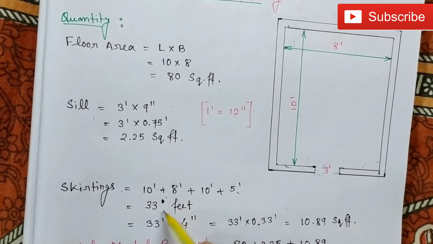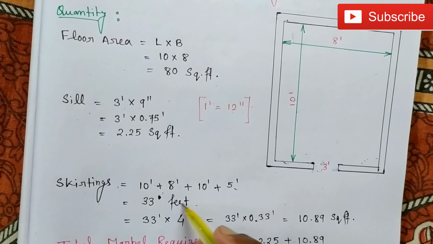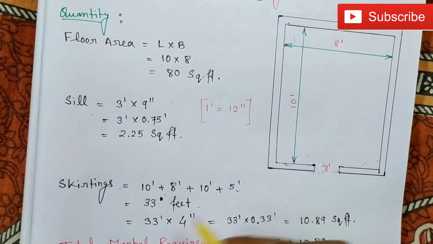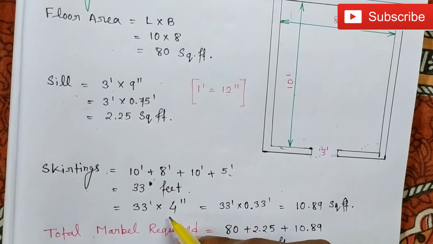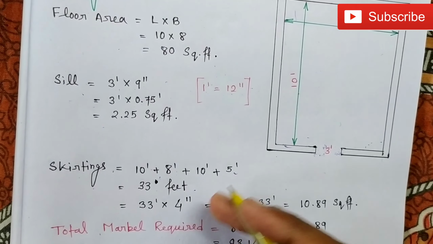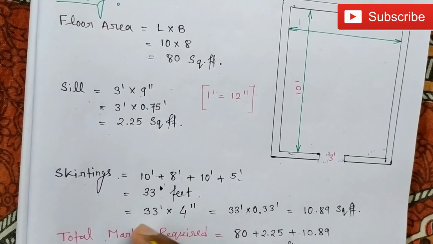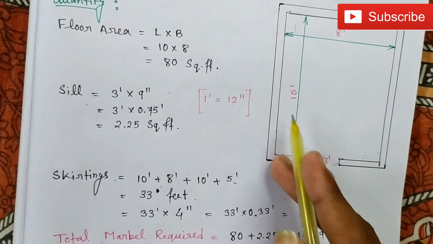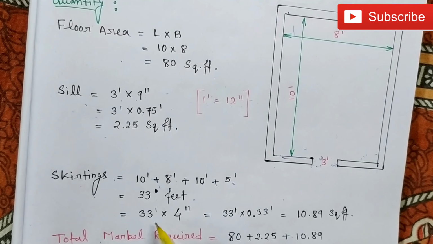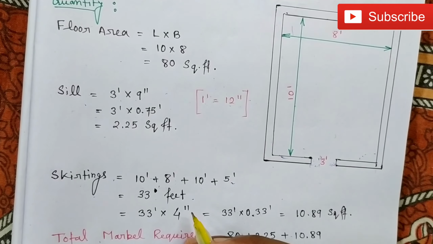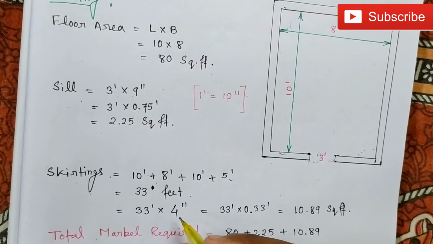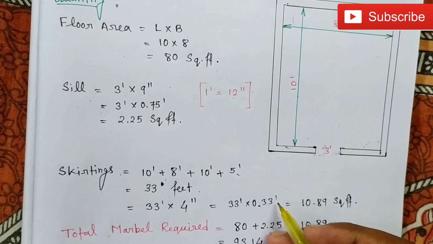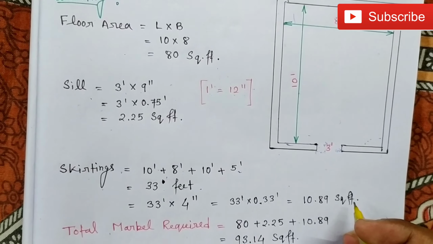So our total length of the skirting is 33 feet. Basically the skirting is 4 inch. So we multiply with the length of this floor area, 33 feet into 4 inch. We convert 4 inch into feet. So 33 feet into 0.33 feet equal to 10.89 square feet.